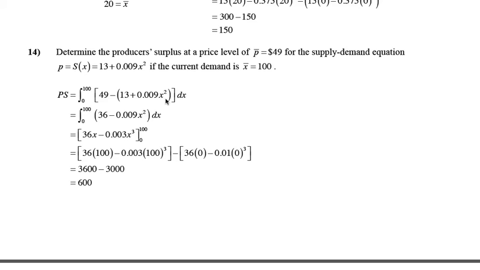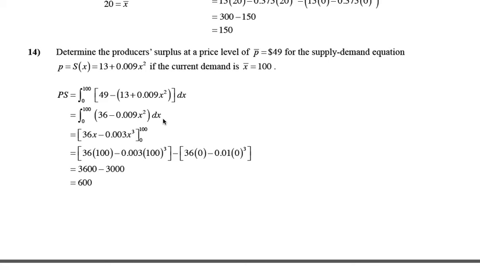The extra little bit that we have to watch out for, that we didn't really have to worry about in consumer surplus, is that this subtraction is going to get distributed to both the 13 and the quadratic term, the 0.009x squared term. So our integral becomes 49 minus 13, which is 36, and negative 0.009x squared.